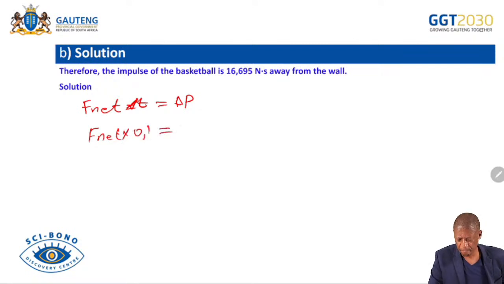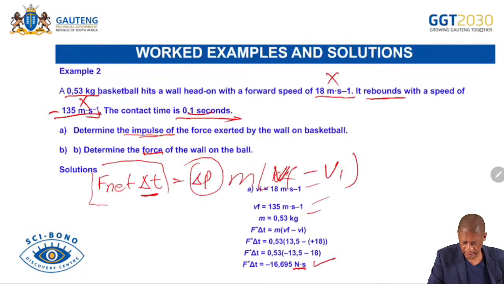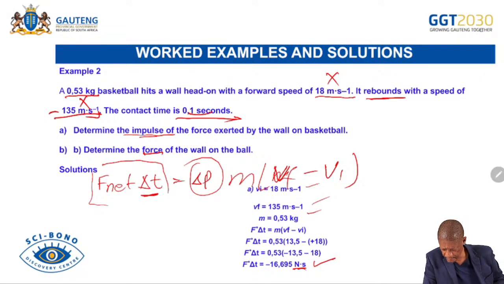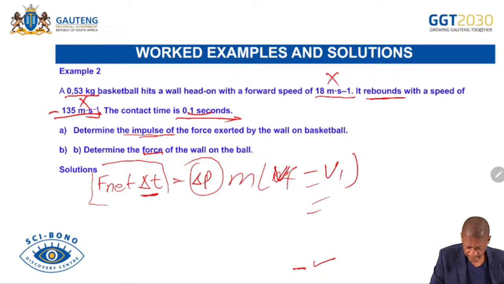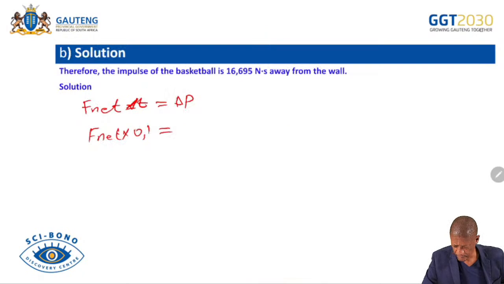Here we already calculated the impulse. It gives us 16,695.